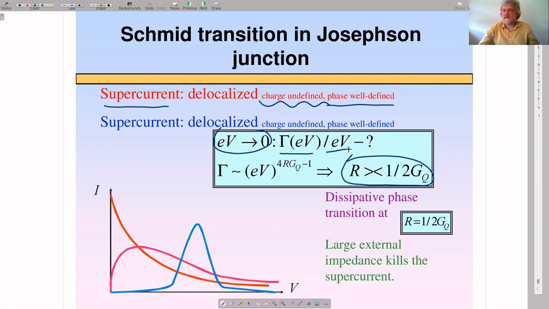When it goes to a constant, the Schmid transition will happen. Again, let me sketch IV curves before and after the transition. The orange one corresponds to well-developed supercurrents, at low voltages there will be finite currents.